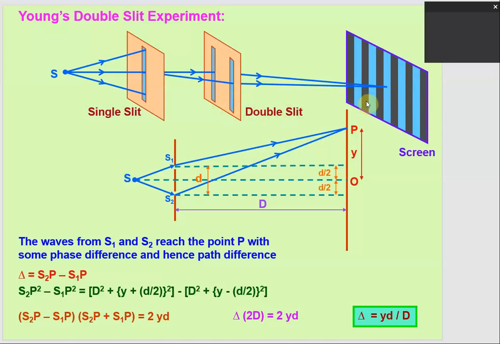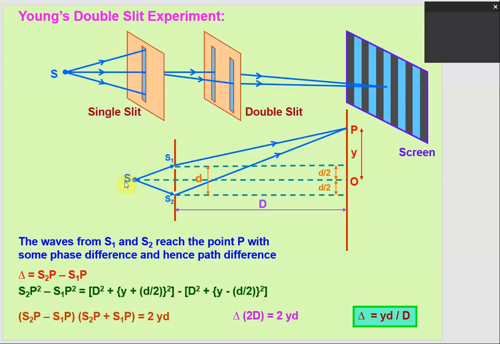Let us now proceed to derive the formula for the width of the fringes, whether the dark fringe, the bright fringe, or the central bright fringe. The conditions for the formation of dark and bright fringes we have already understood, so here is the situation.